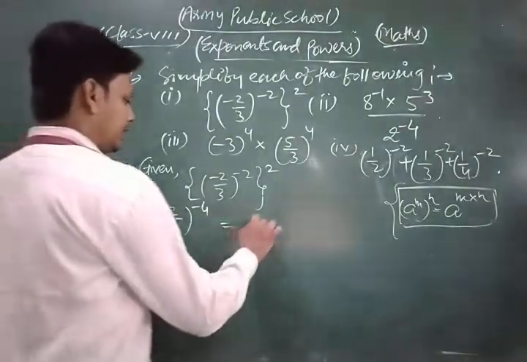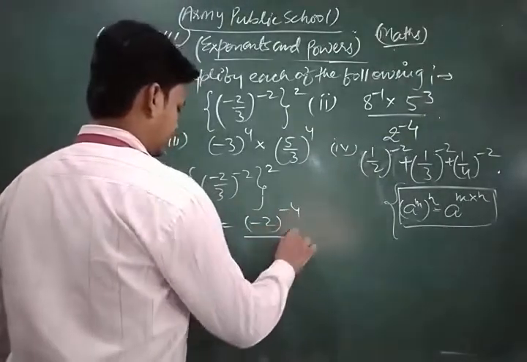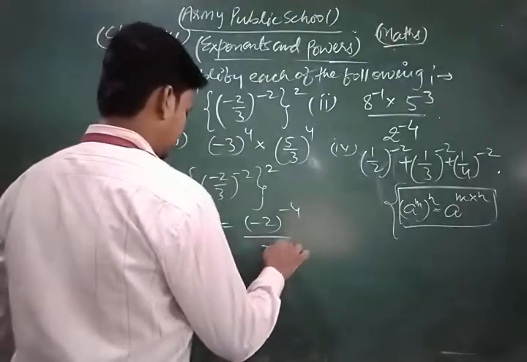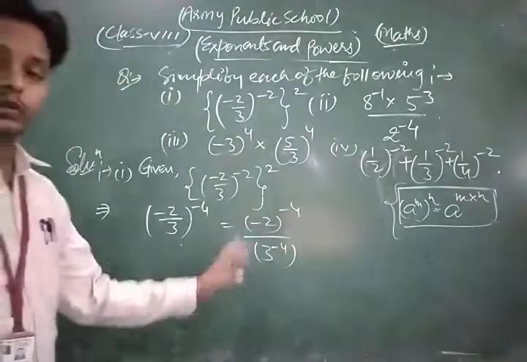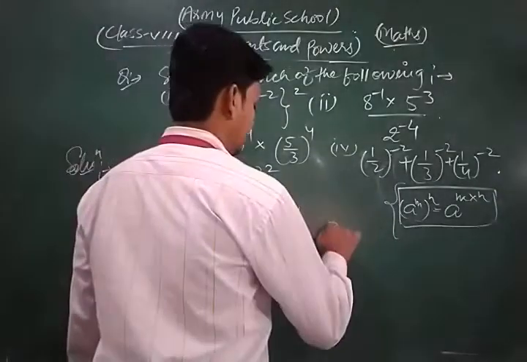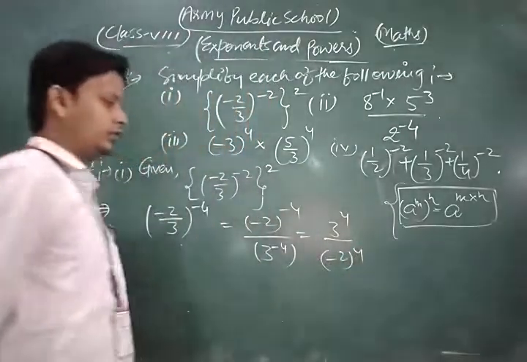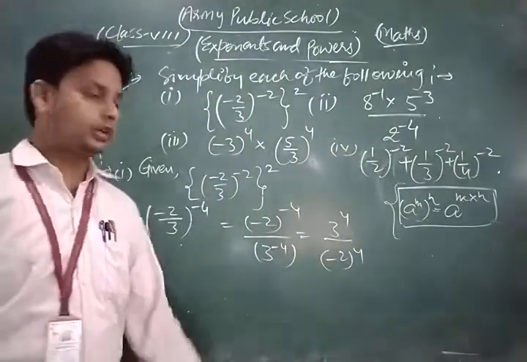So we can write (-2)^-4 upon 3^-4. Now we can write 3^4 upon (-2)^4. First of all, we convert the negative power into positive. Okay, now we simplify them.